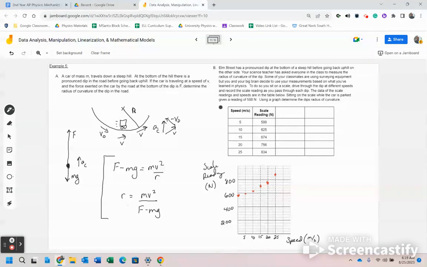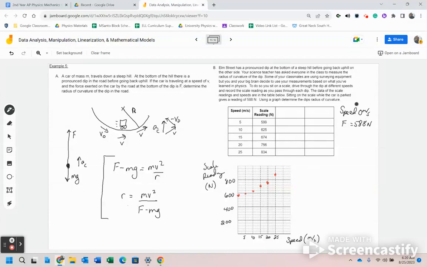Looking at part B, they give you the data reading for the normal force, or the scale reading measuring the force exerted up on the car. Now, one important thing here, when the speed is 0, we know that the scale reading is equal to 588.